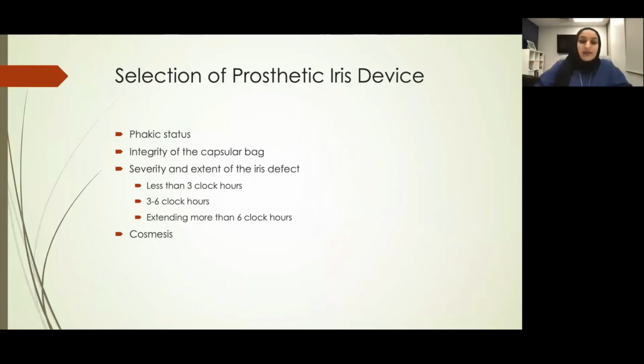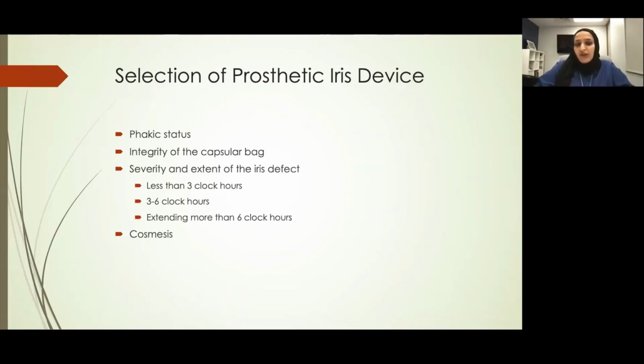So now, since I have talked about all iris prostheses, when you have a patient with iris prosthesis and you want to decide which implant to use, you have to keep in mind many things. You have to think about the phakic status of the patient. If the patient is phakic, it might be done with a cataract surgery.